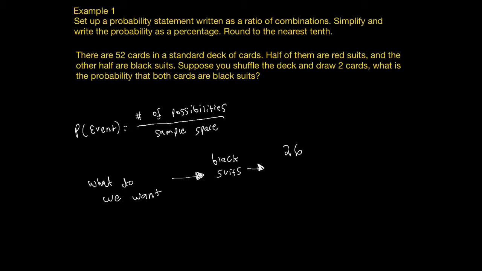So there's 26 possibilities for us to obtain a black suit. But now we have to think about the specific event. Here we're drawing 2 cards. So out of the 26 black suits, we want to choose 2 of them. So this combination is going to represent the number of possibilities.